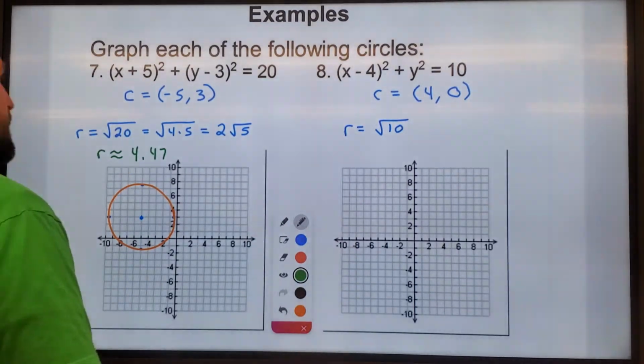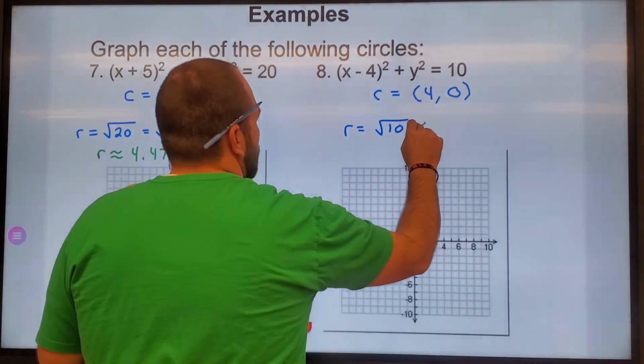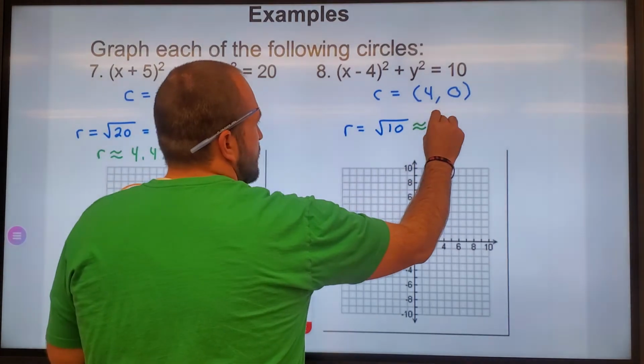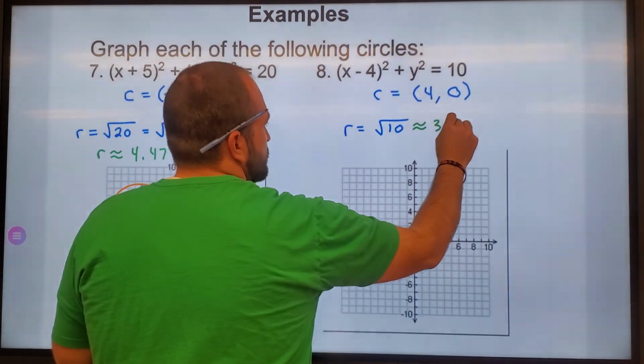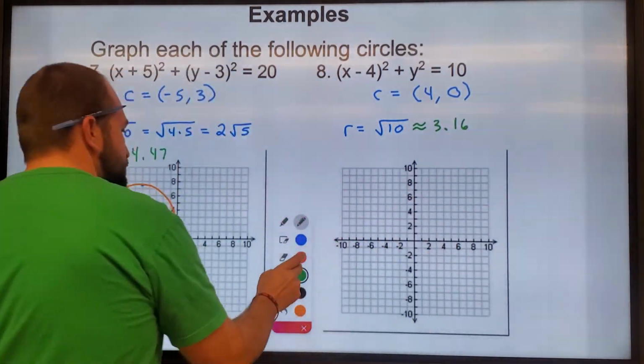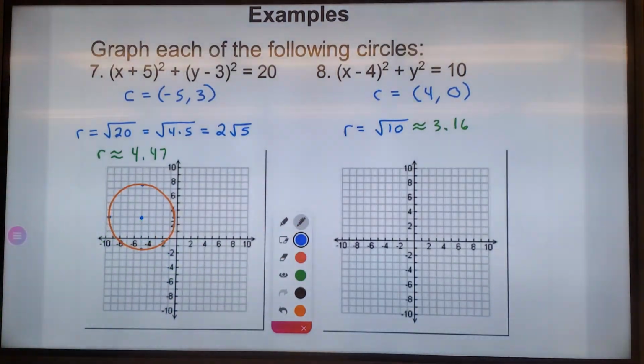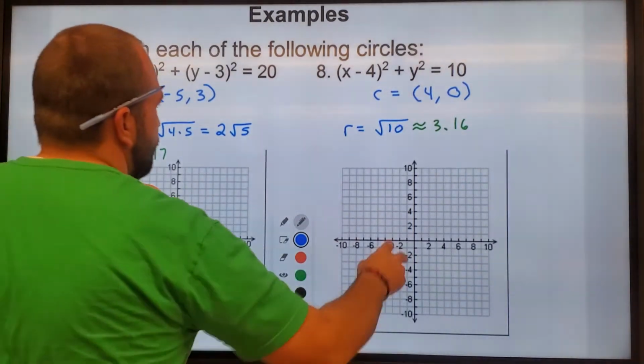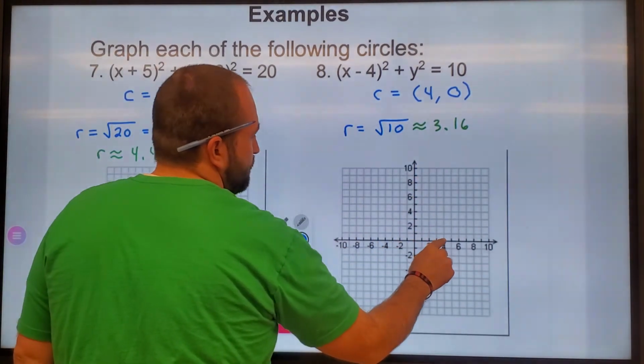So that would be equivalent to approximately 3.16. Okay, so again, how does that help us? That means that we're going to go just a little past 3. I'm not going to put it at 3. I'm going to put it a little past 3. Okay, so I'm going to go to 4, 0. I'm going to go right 4, make a dot.